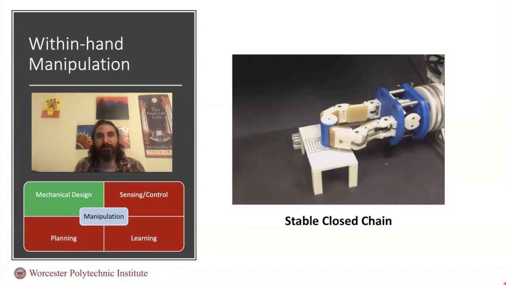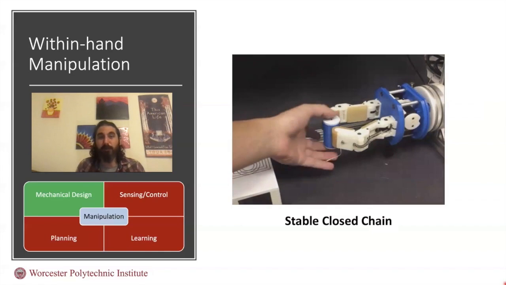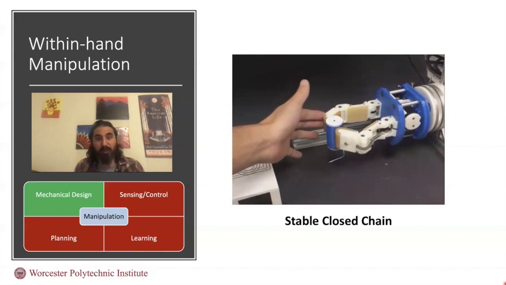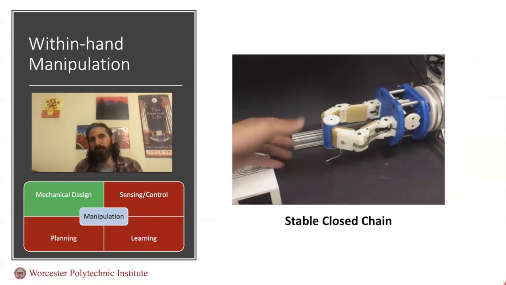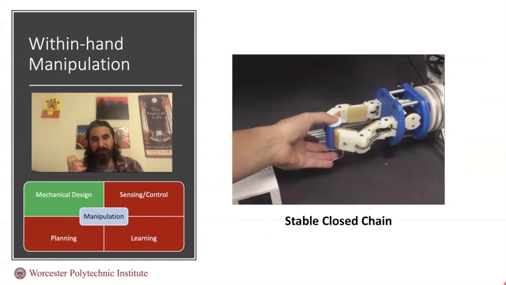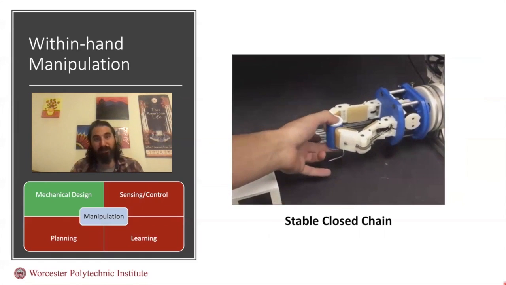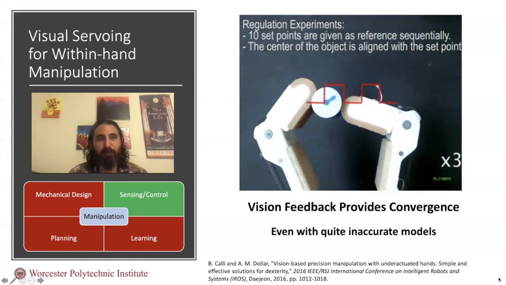So adaptive hands give us the advantage of achieving a stable closed chain. In other words, our grasp stability is much more easily maintained with these kinds of compliant hands than the rigid case. So we need to worry about the stability of the grasp during within-hand manipulation much less compared to the rigid case. Thanks to this advantage, we were able to design our control algorithms much more easily.